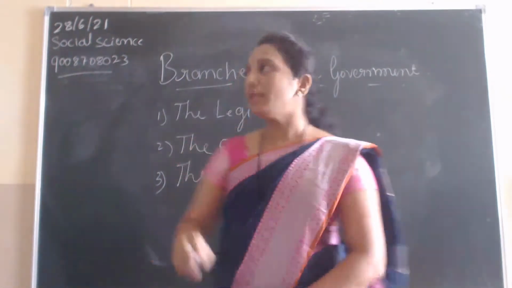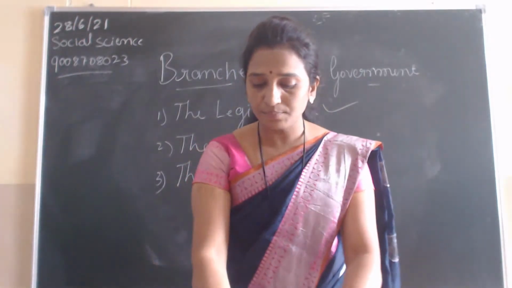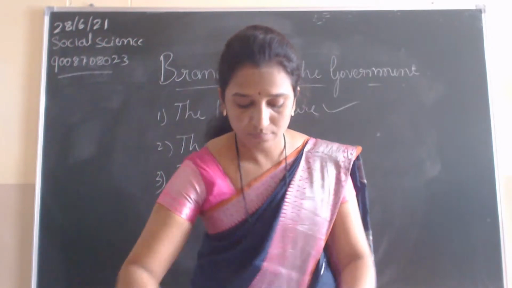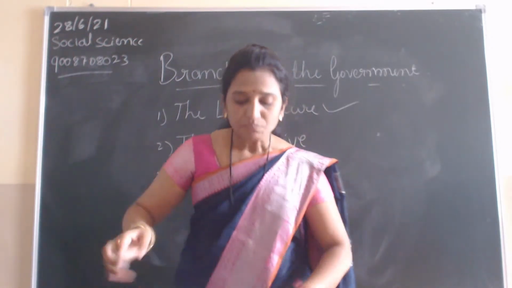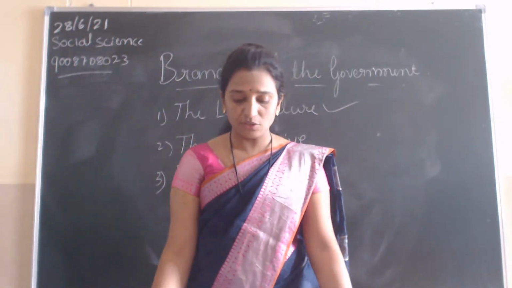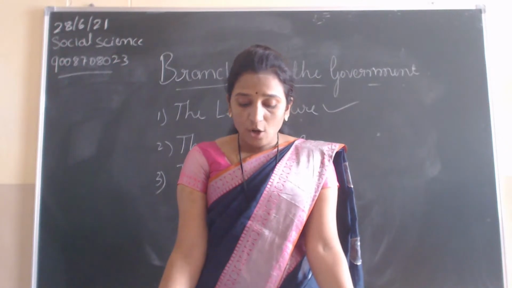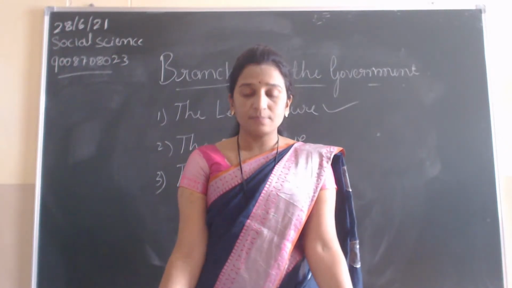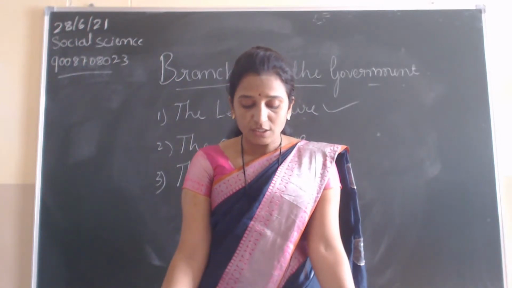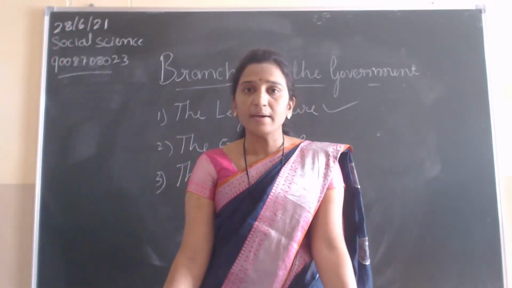So, what is the meaning of legislative? This is the legislative or law-making branch of government, and it is responsible for making the laws and forming policies. The powers are vested in the parliament, which consists of a president and two houses, that is Lok Sabha and Rajya Sabha.